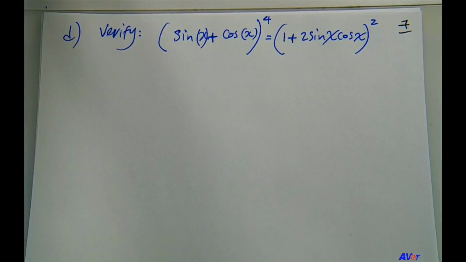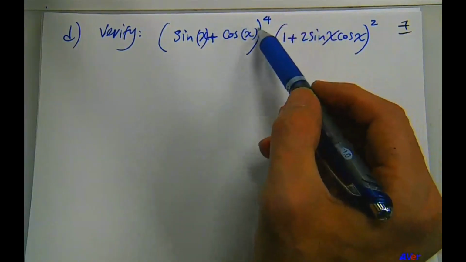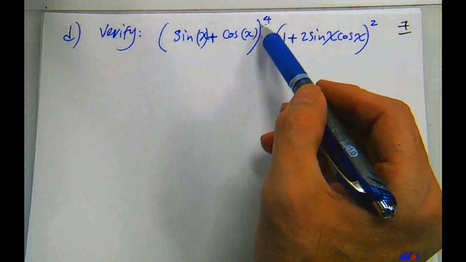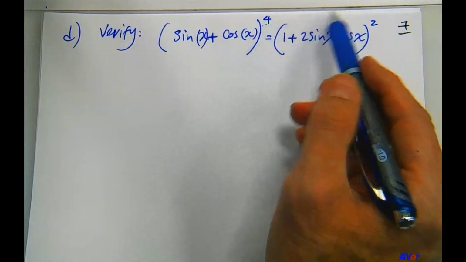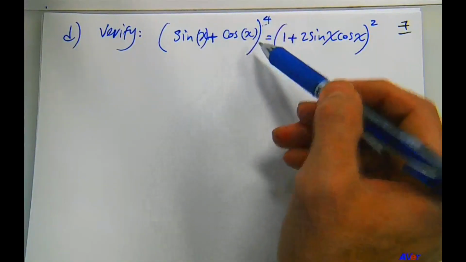Okay. All right. So both sides have even powers, right? So let's take the square root of both sides.